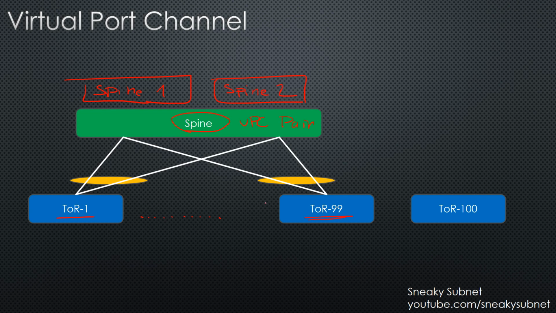And when the day comes, we have our top-of-rack switch number 100, and we simply physically cannot connect it to our spine number 1 and spine number 2 because they simply do not have any more unused, free, empty ports. So it is a physical restriction of the platform.